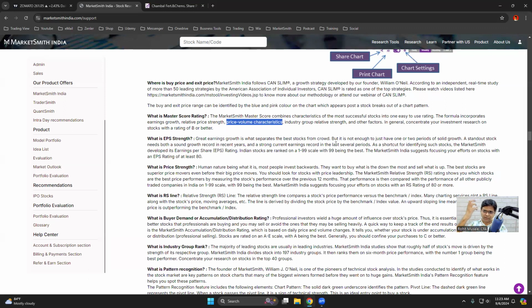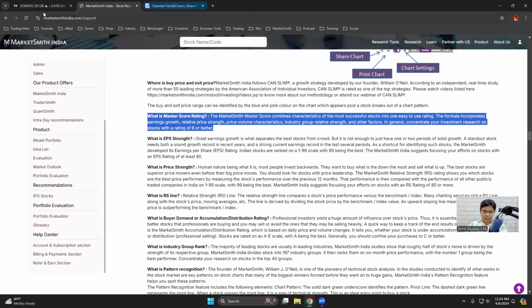That's called relative strength. And earnings growth, basically the quarterly earnings growth, latest 2 quarters, recent quarter, annual earnings, and 5-year compounded annual growth rate. Okay, these are the things that this rating comprises of.